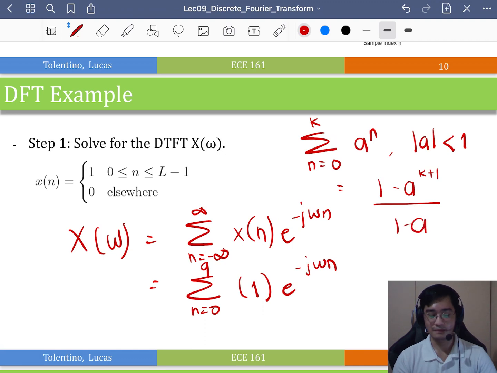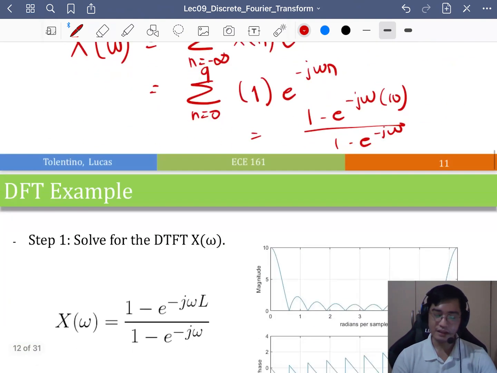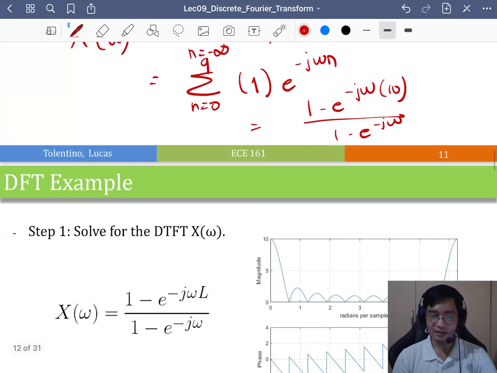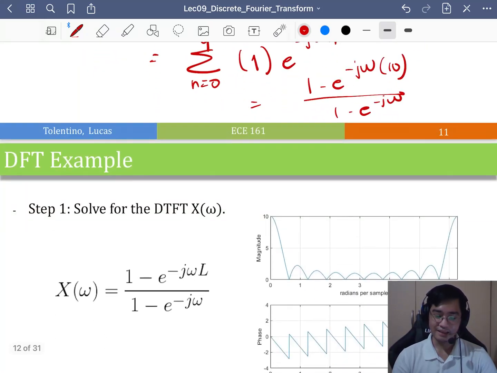So in this case, this is equal to 1 minus e to the minus j omega 10 over 1 minus e to the minus j omega. In general, L is 10, so we choose this.